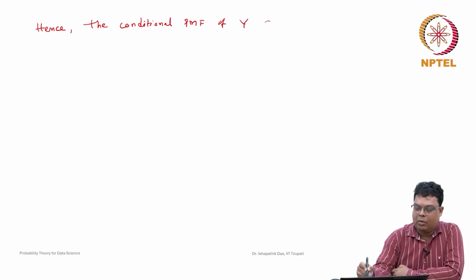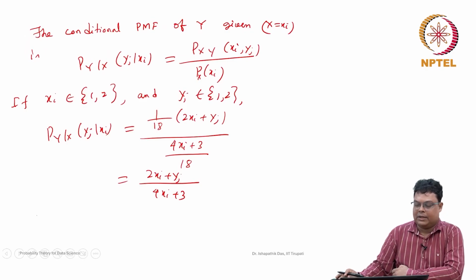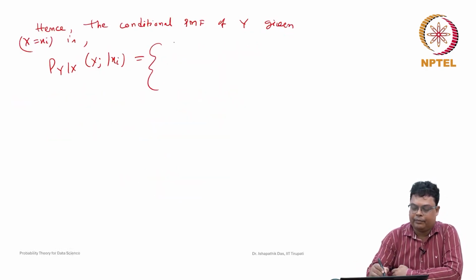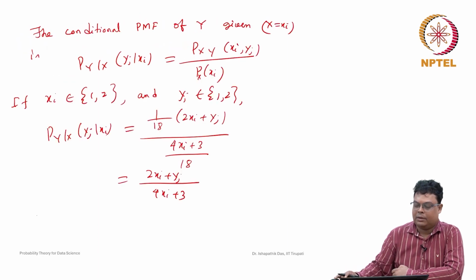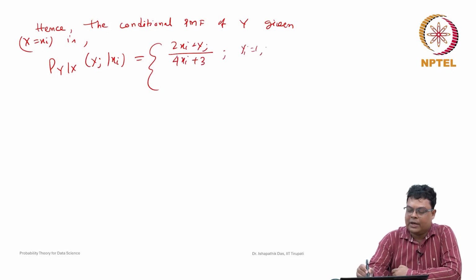Hence the conditional probability mass function of y given x equal to xi is, what we found, P(y given x), yj given xi, equal to (2xi plus yj) by (4xi plus 3) whenever yj is 1 and 2 and xi belongs to 1, 2. This is equal to 0 for any other cases.